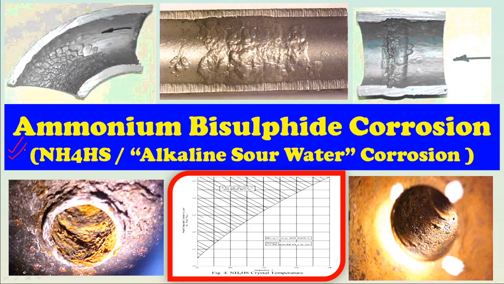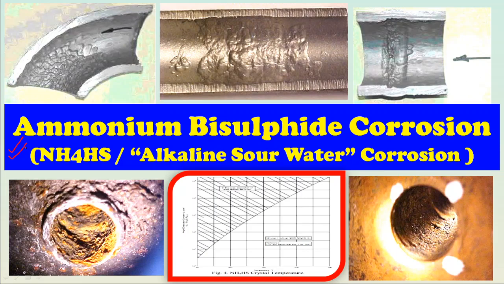Basically, because it happens in the alkaline medium, and this is frequently seen in our refineries where sour water with the basic medium is present, mainly in hydrotreaters, FCCUs, sulfur units, SWS units, and many chemical industries.